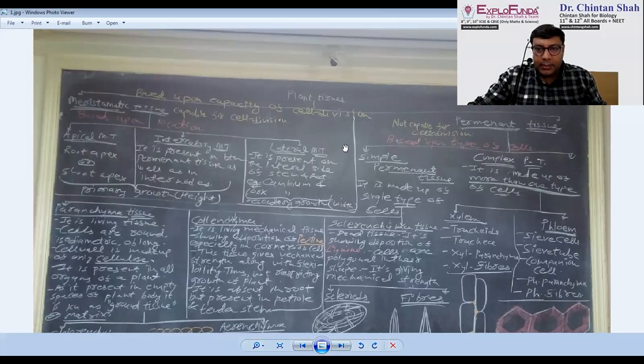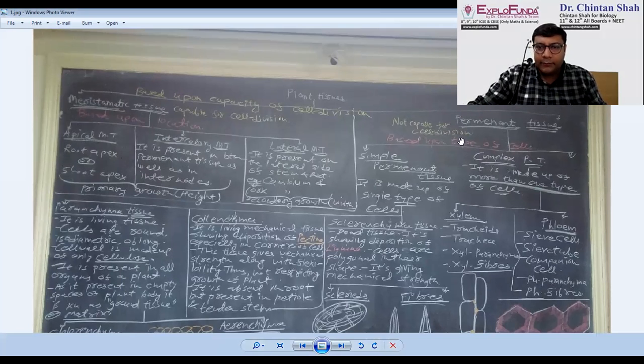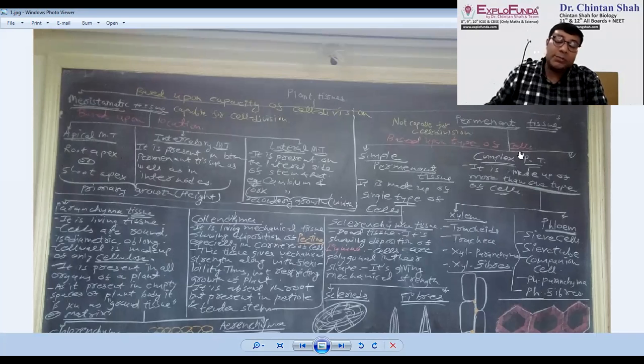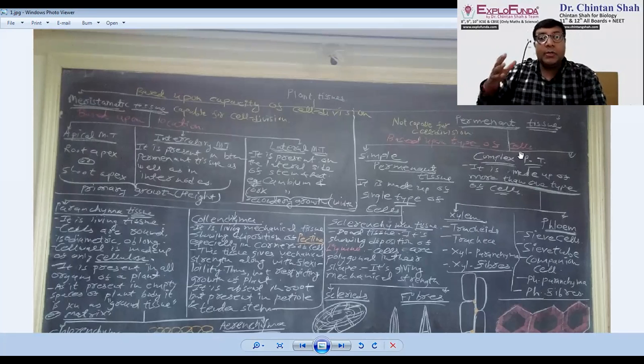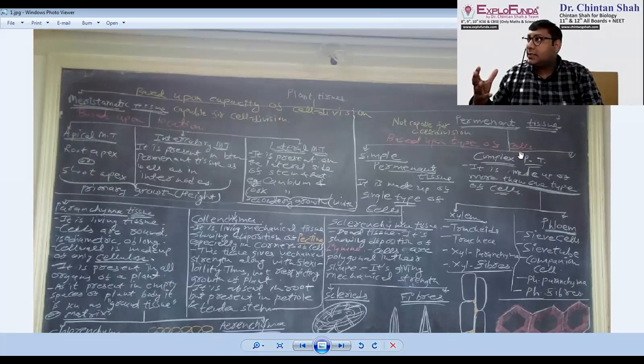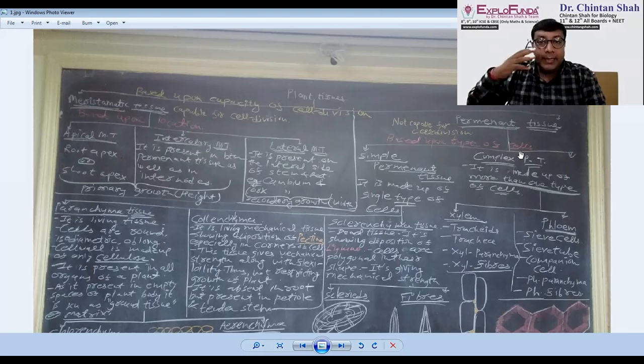The second one is known as permanent tissue. It is not capable of cell division. Based upon the type of cells, how many cells are they made up of? Of course, tissues have more than one cell, because the definition of tissue is a group of cells. So here it is not about how many cells, but about the types of cells.